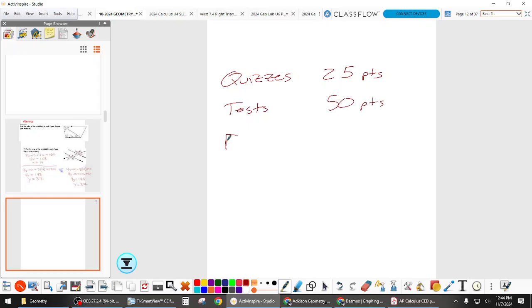The final will be 62.5 points, which is a fourth bigger than 50. Like a fourth of 50 is 12.5, so it's 25% heavier, if you want to say it that way, than a regular test. Yeah, I guess they decided that on Monday.